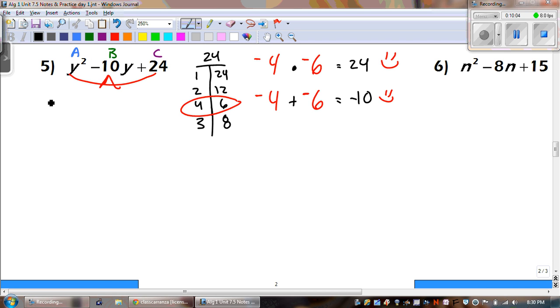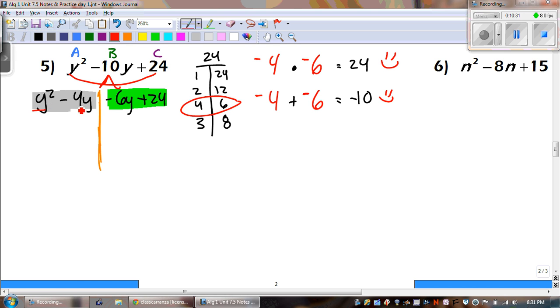So let's go ahead and rewrite this. We get y squared minus 4y minus 6y plus 24. Okay, let's go ahead and split the middle term. The GCF of the gray and the GCF of the green.